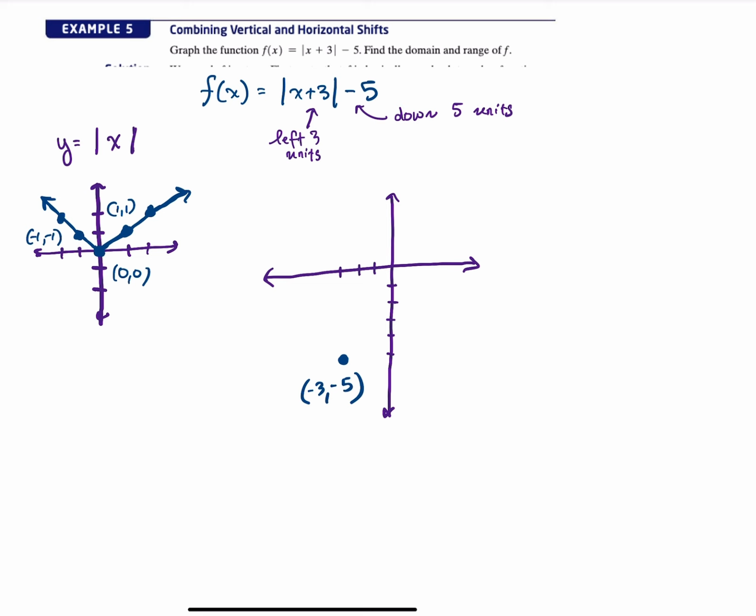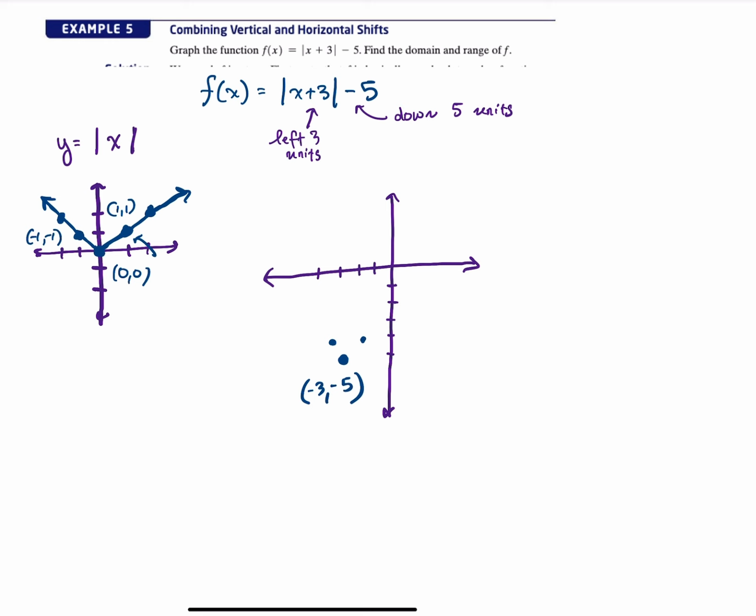All right. Do we have any other points of interest? Well, if this is going to be a V shape opening upwards, we're probably going to have a y-intercept and also 2 x-intercepts. We'll have the points like one above and one to the right, just like we had here. So I can get those pretty much for free. We'll have 2 points here. But how about these intercepts? Where are they going to end up?